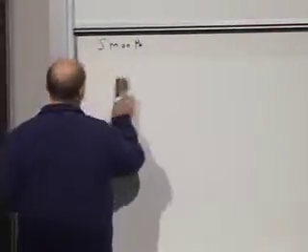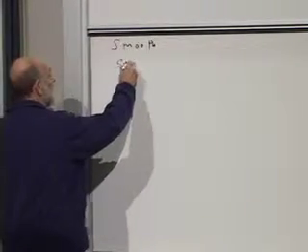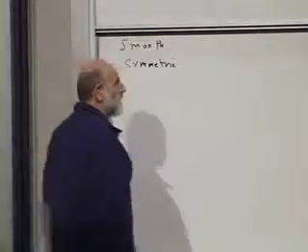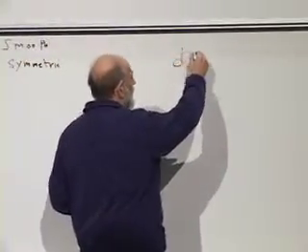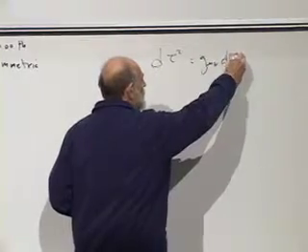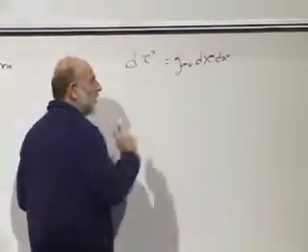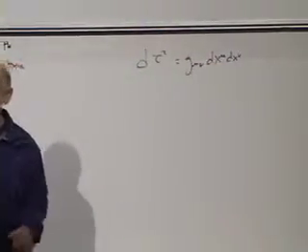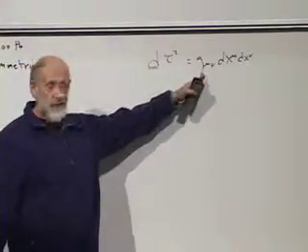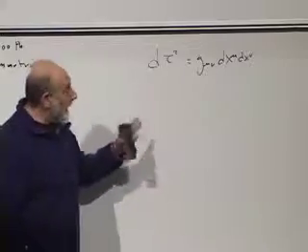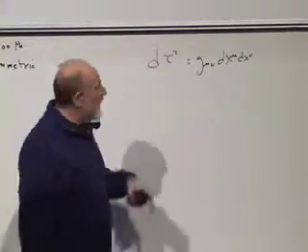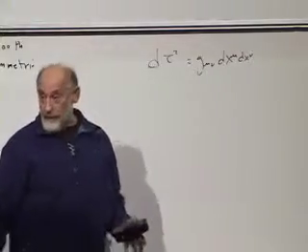Now, where did the symmetric come from, incidentally? Remember its definition. It's d tau squared equals g mu nu dx mu dx nu. What would happen if there was an antisymmetric piece to g mu nu? Any matrix can be written as a sum of symmetric and antisymmetric. Antisymmetric means that when you interchange the indices, it changes sign. What would happen if g mu nu was antisymmetric?